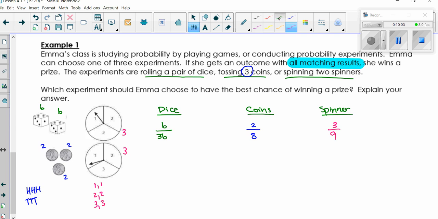Okay, so if we simplify this, 6 over 36 is the same as 1/6. 2/8 is the same as 1/4. And 3/9 is the same as 1/3. Okay, so again, which experiment should Emma choose to have the best chance of winning? And if you have a calculator, let's actually get your calculator out.